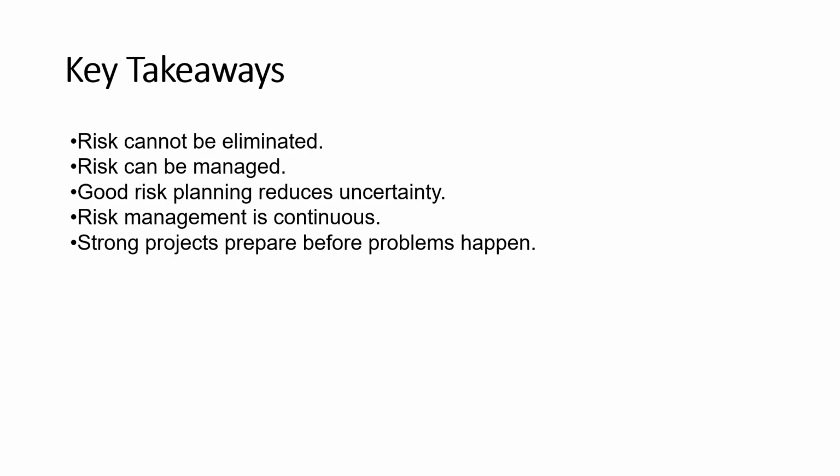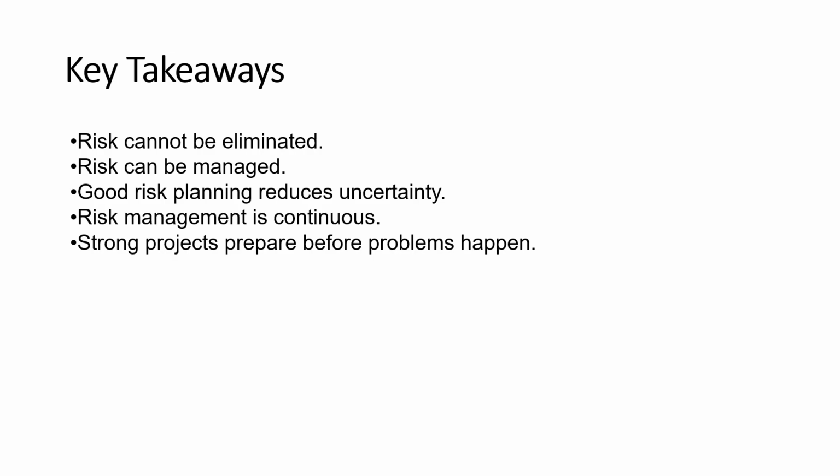Fourth, risk management is continuous. It is not a one-time activity done only at the beginning of the project. Risks need to be monitored and managed throughout the project lifecycle. And then finally, strong projects prepare before problems happen. Successful projects do not rely only on reacting when problems arise.